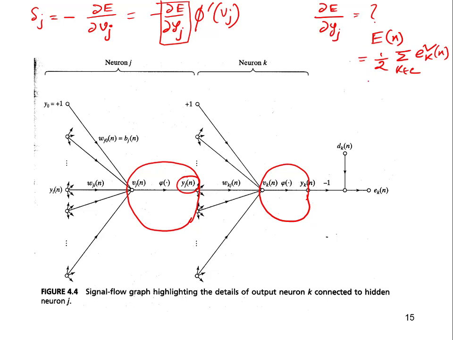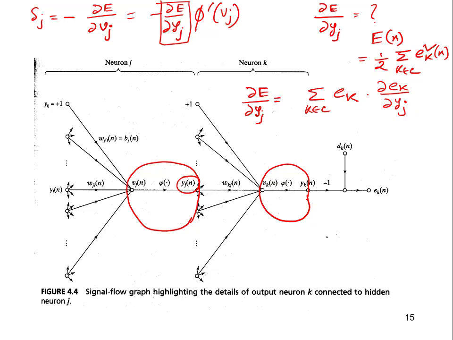We want to compute delta E by delta yj. The summation over k can be rewritten with ek and the derivative of ek with respect to yj. The half is multiplied by the 2 and cancelled out, so the overall equation turns into the sum of ek times delta ek by delta yj.